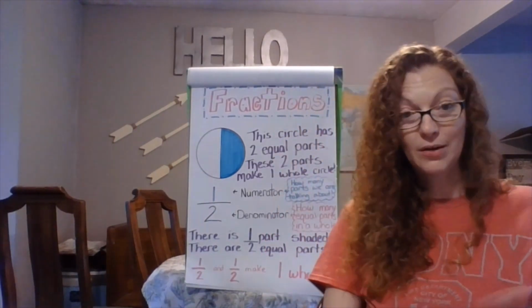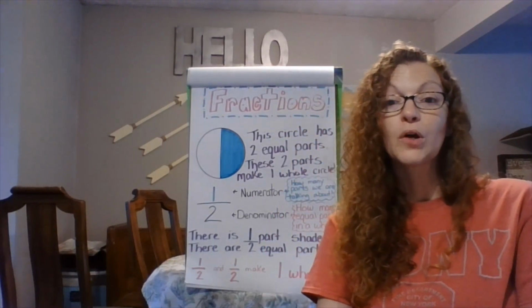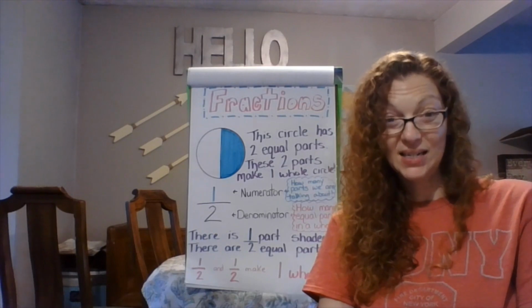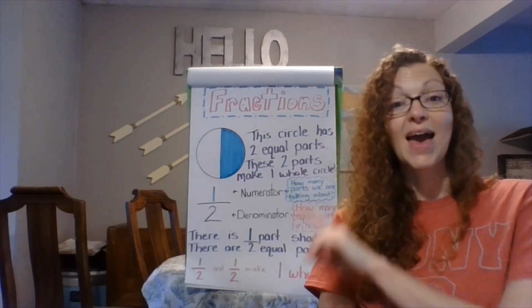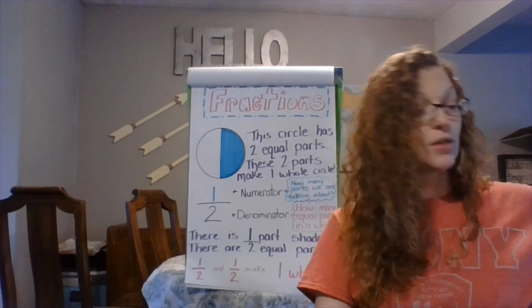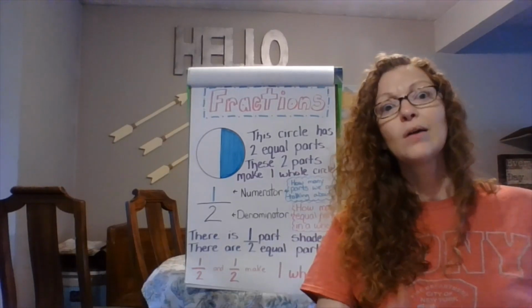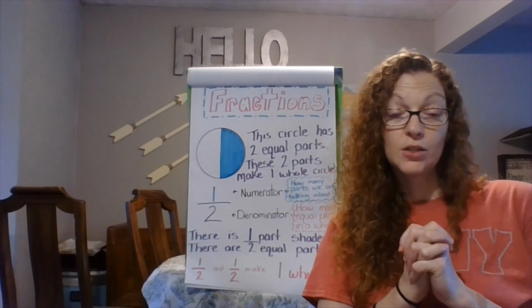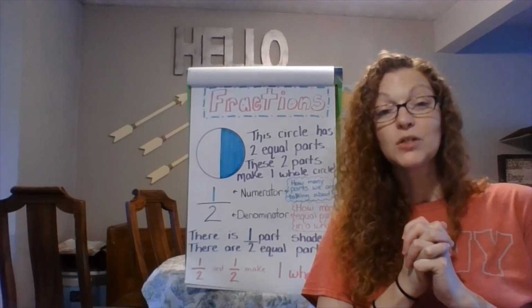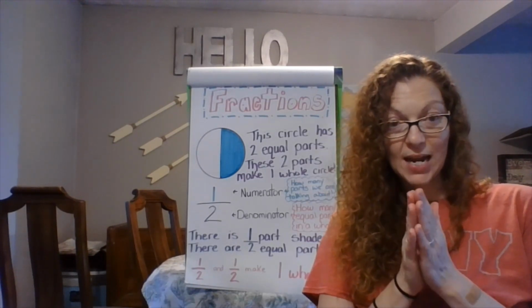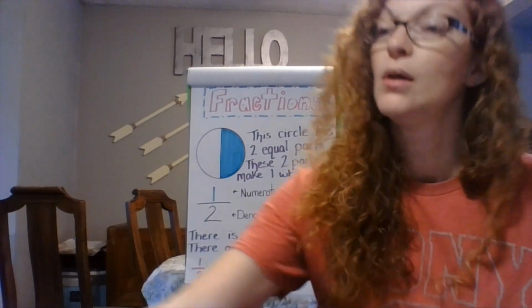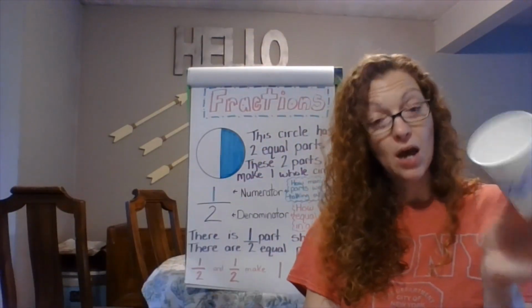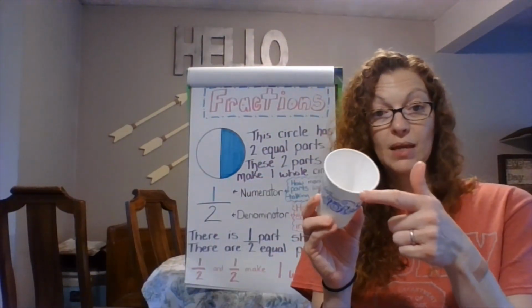All right, to practice this, and we're going to be working with half today, you need a piece of paper and some things to make a circle and a rectangle with. Those are the two shapes we are going to be dividing into equal parts. So I found a cup that I'm going to use to make the circle.